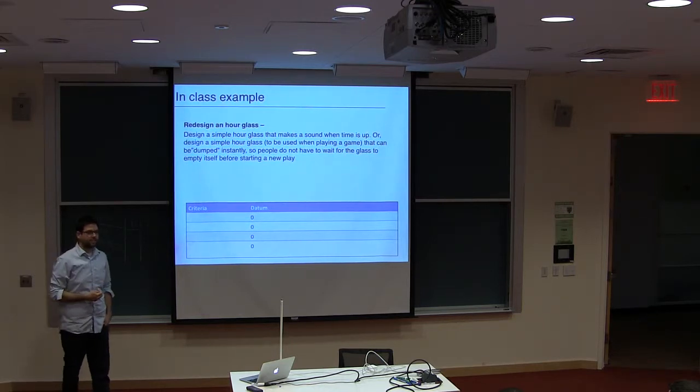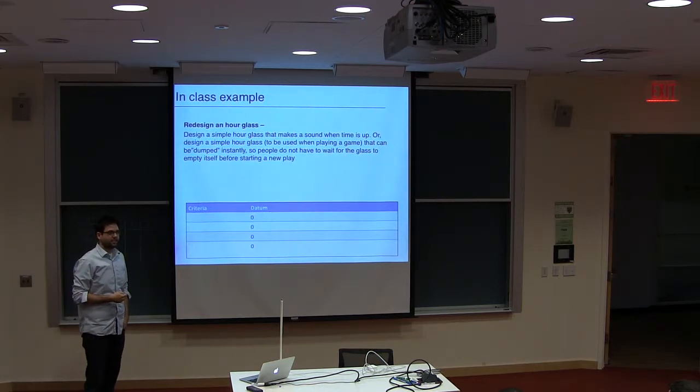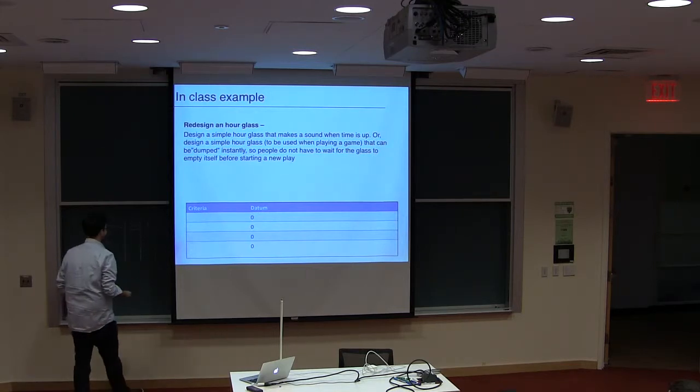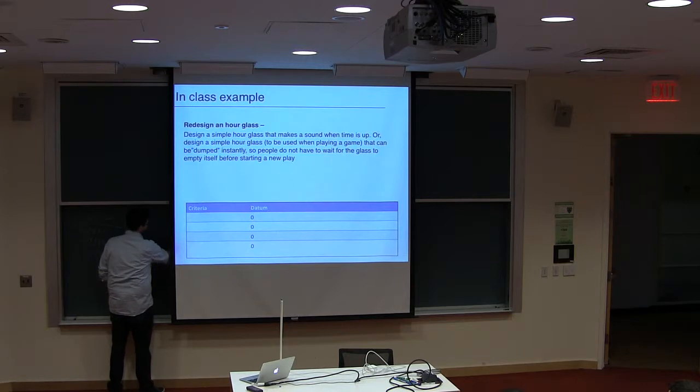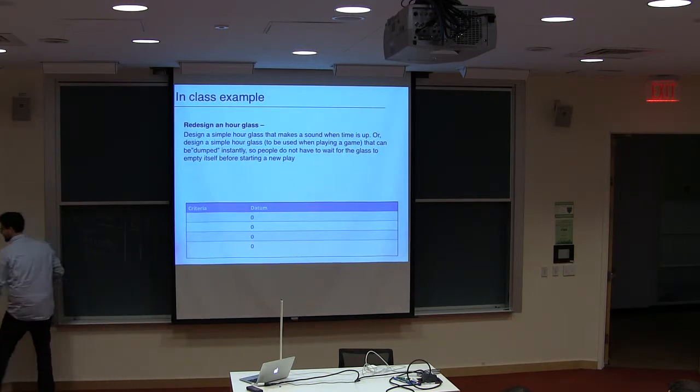How about just a digital hourglass instead of using the actual sand? Something that would have a buzzer. All right, sure. And digital. So we have datum, we have telescoping, we have outlet, and we have digital.